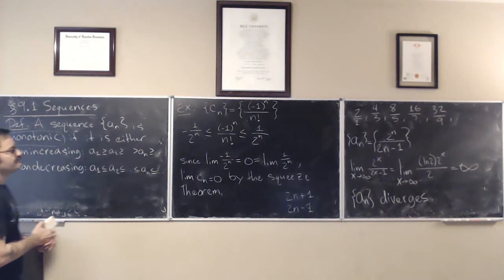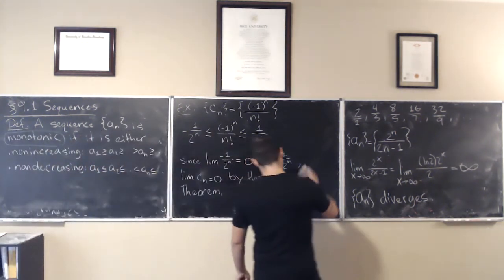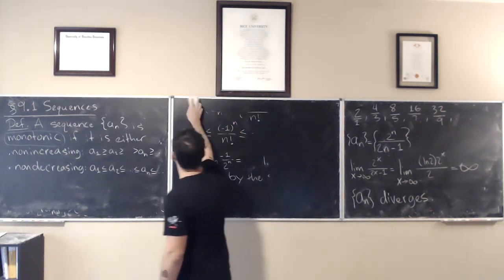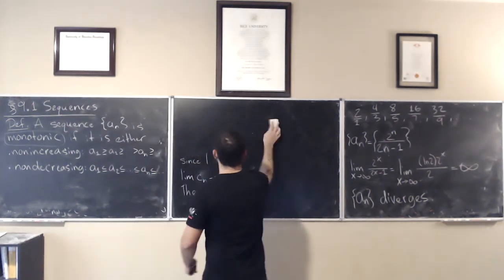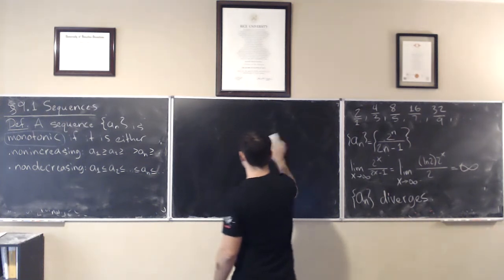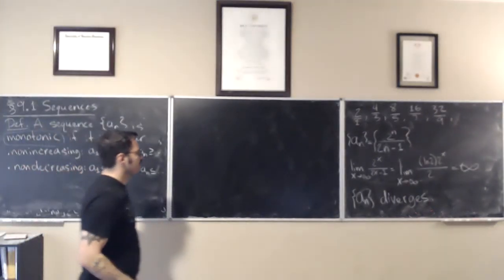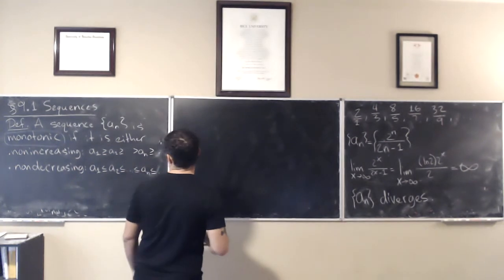Okay. Now that we have monotonic, there's one more definition a sequence can satisfy that is of interest to us, and that is the notion of being bounded. Bounded from above, bounded from below, but in general just bounded, and that's what I'm going to write down.